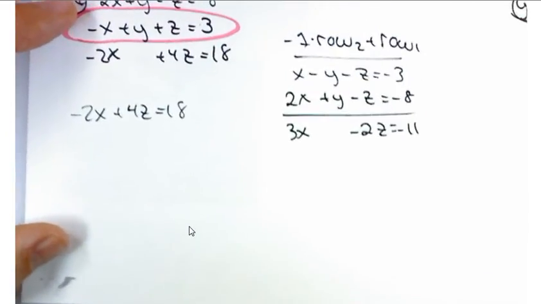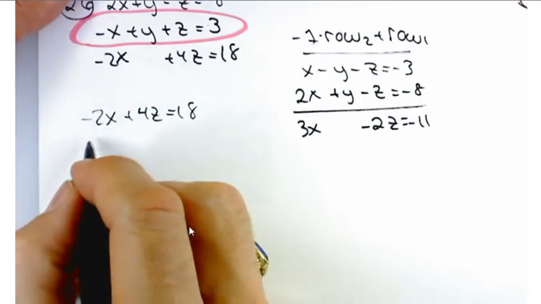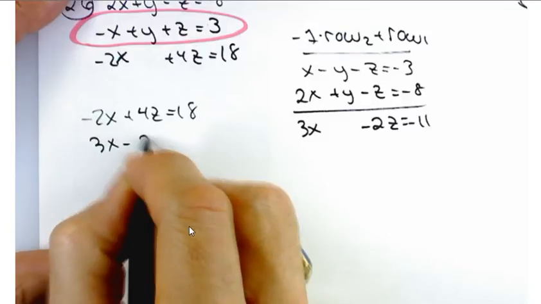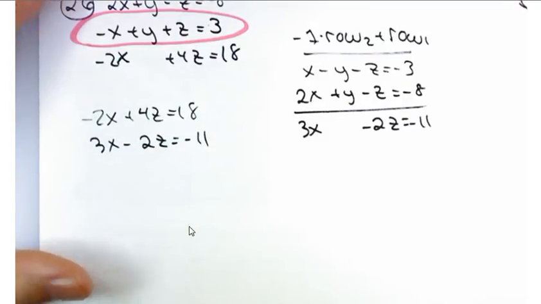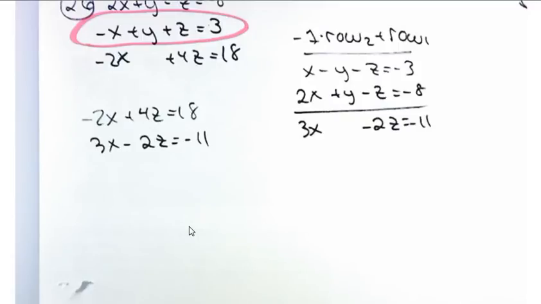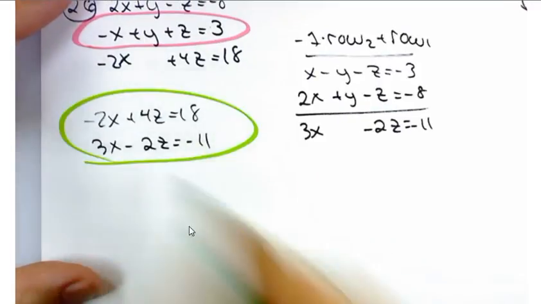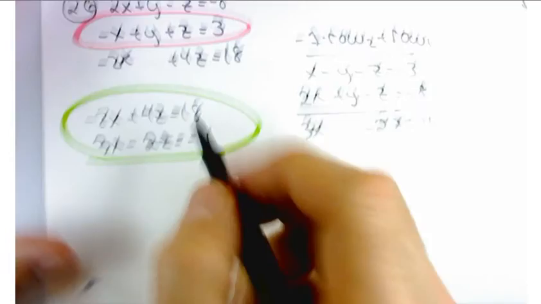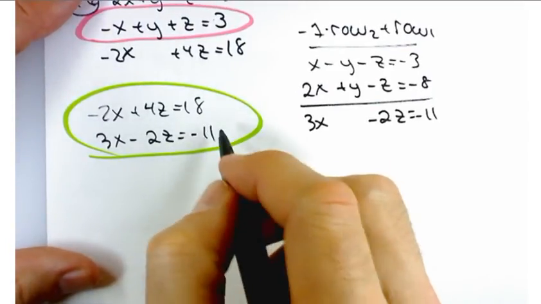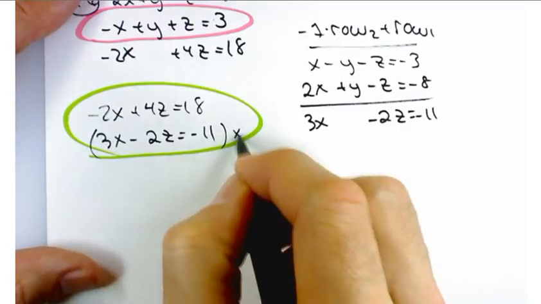So let's put those two together. 3x minus 2z equals negative 11. And now we can solve this any way you'd like. You can solve it by the addition method, by substitution, by graphing, although probably more of a pain to do it by graphing. So the easiest thing that I see is to multiply the bottom equation by 2.